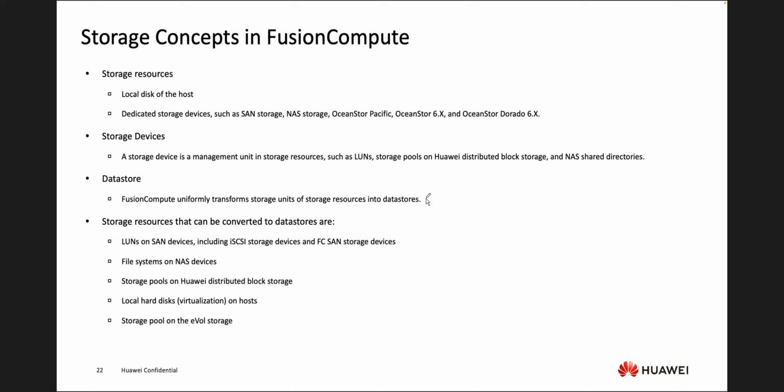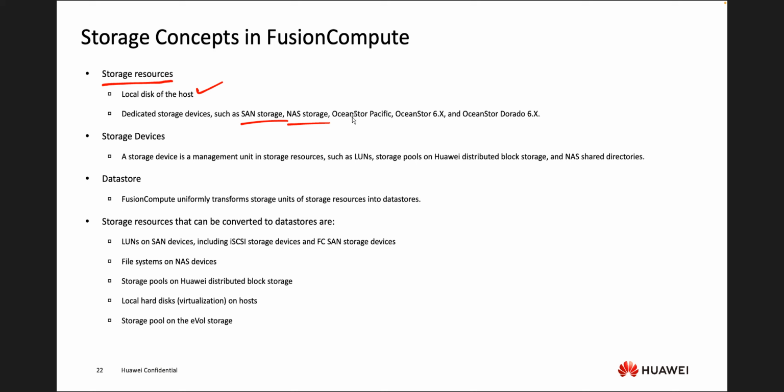Right, so just getting back to the work now. So again, when we look at this, we have storage resources. You have the local disk on the host that can be used as storage resources. You also have dedicated storage devices such as your SAN storage, which I spoke about previously, and NAS storage.